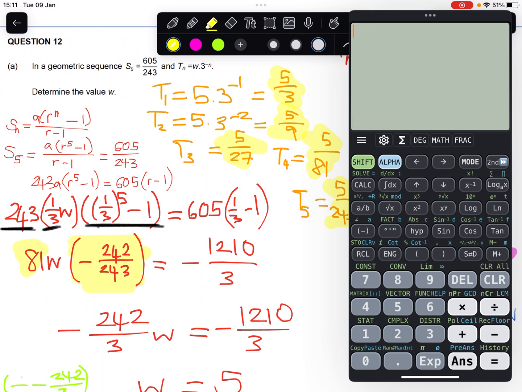So if W is 5 over 3, then term 1 would be 5 over 3 times 3 to the power of minus 1.